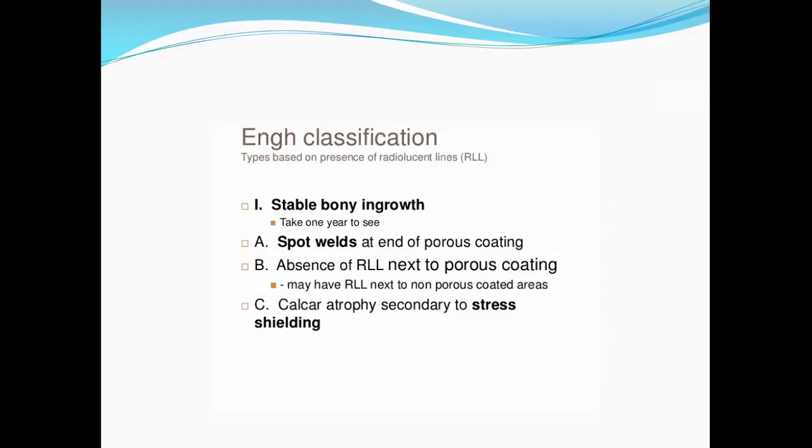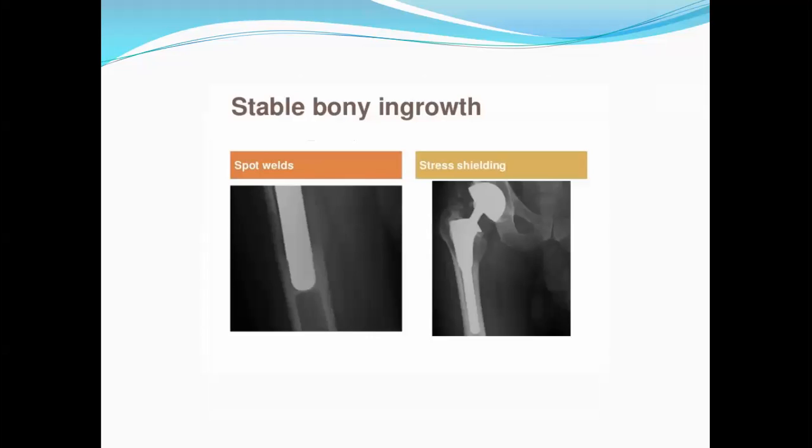So type 1, stable bony ingrowth: there's a spot weld at the end of the porous coating, absence of radiolucent line, calcar atrophy due to stress shielding. This is a spot weld on the tip of the prosthesis.